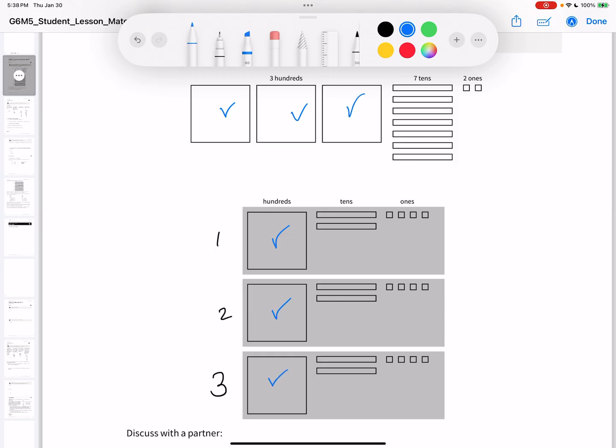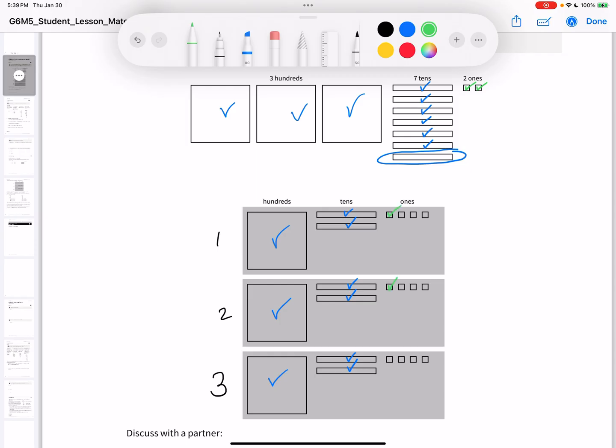Okay, then we have a 10 here, there's a 10 here, there's a 10 here, there's a 10. We're going to keep going because we have 10, so here's a 10, here's a 10, here's a 10, but we haven't put this 10 anywhere yet. And then we have 2 ones. So here's 1, here's 2.